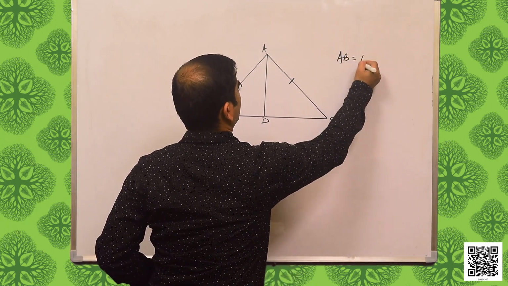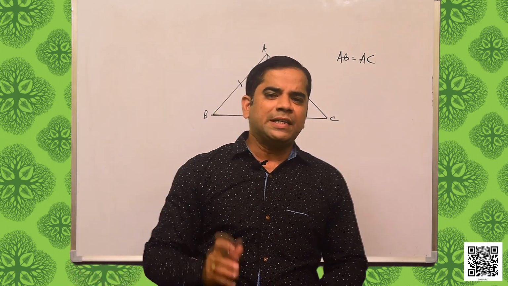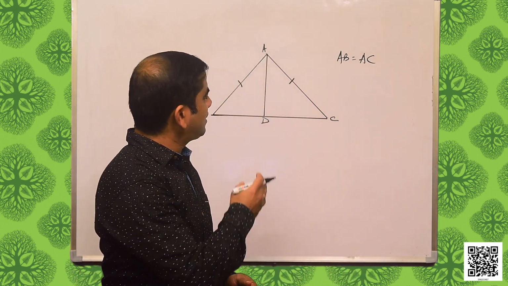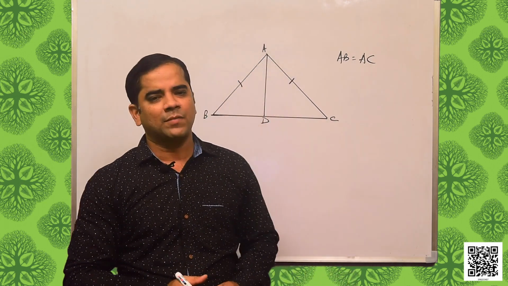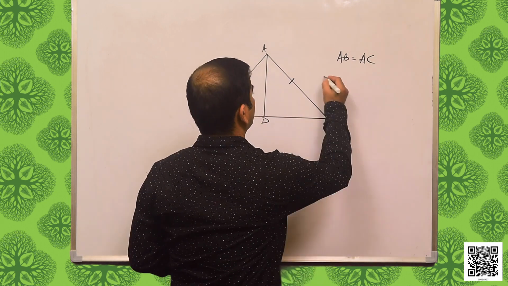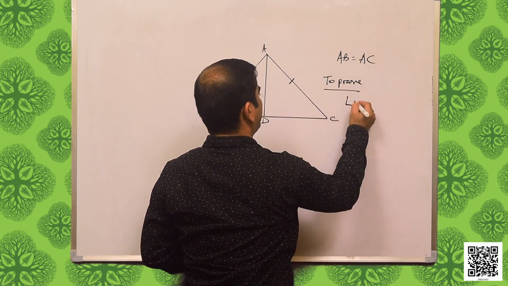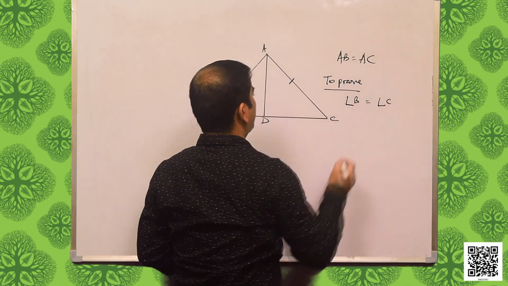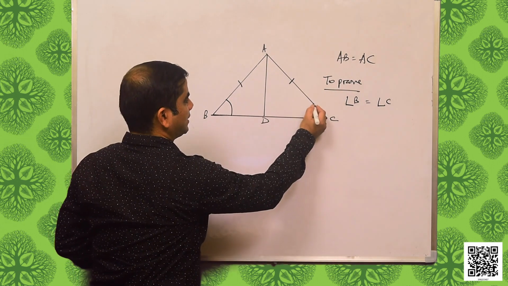So, this is an isosceles triangle where two sides AB and AC are equal to each other, and we need to prove angle B is equal to angle C. That means angle B, this one, and angle C, this one.